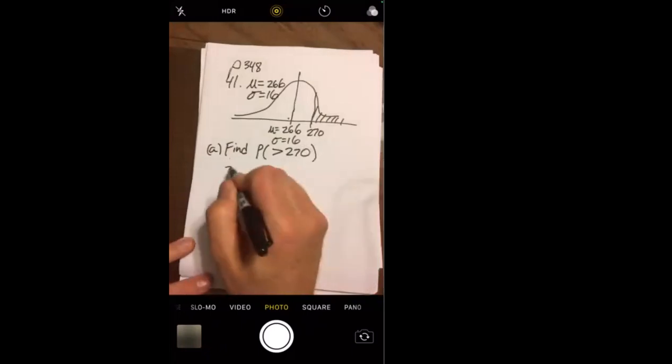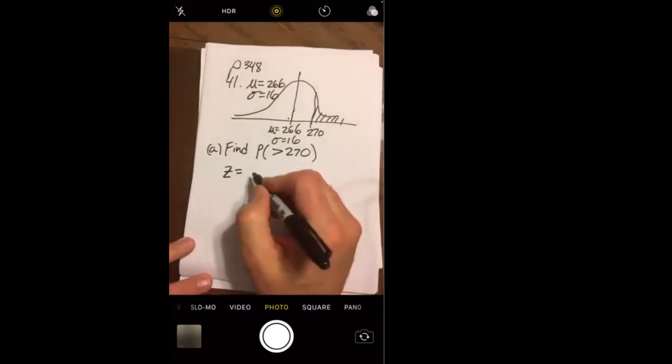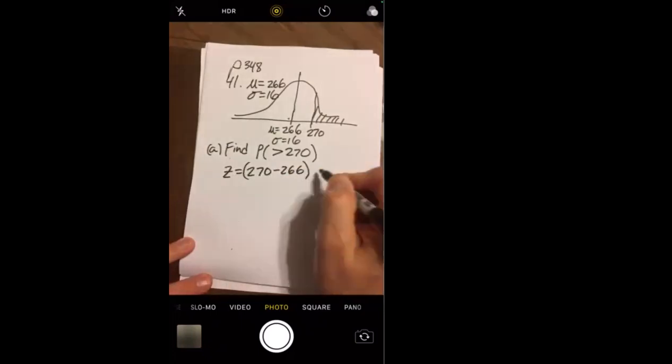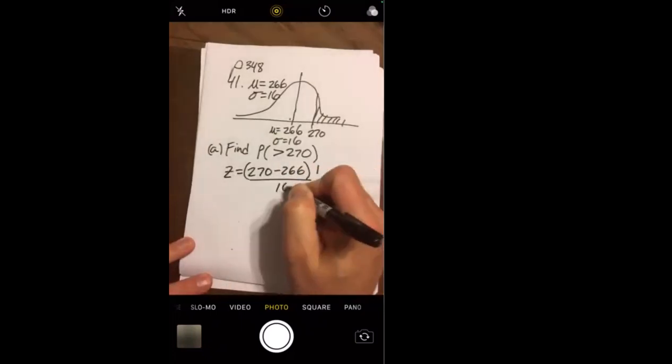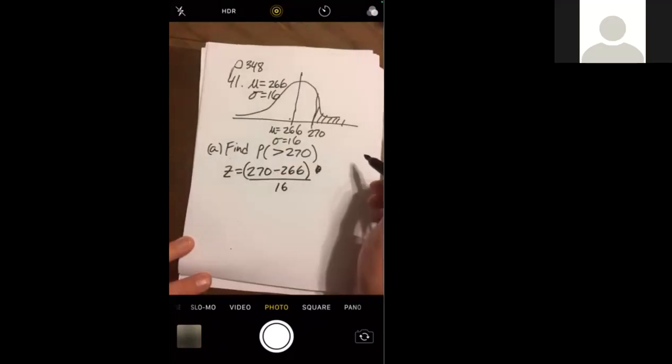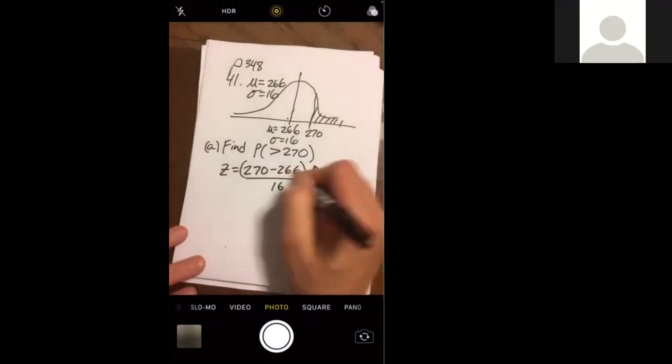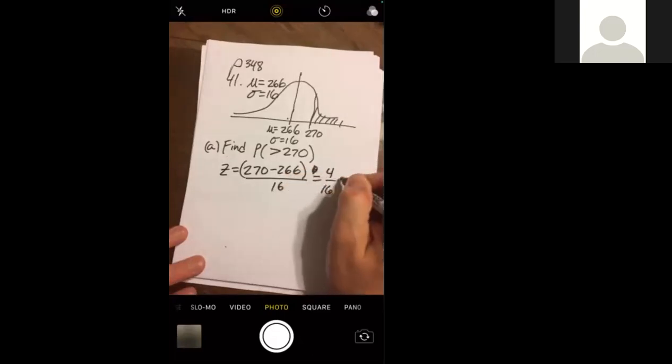So we need a z-score for that. 270 minus 266, and we're going to divide by 16. You almost do this in your head, meaning you got 4 on top, 4 over 16. That's going to be 1/4, which is 0.25.